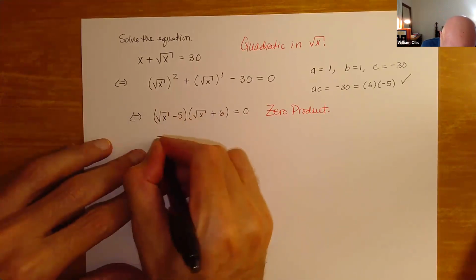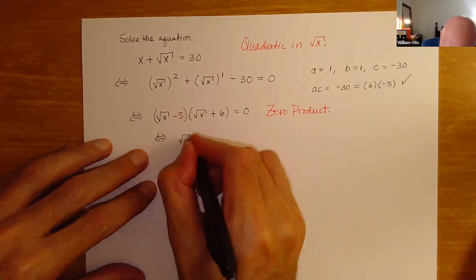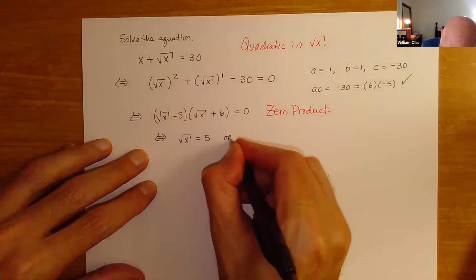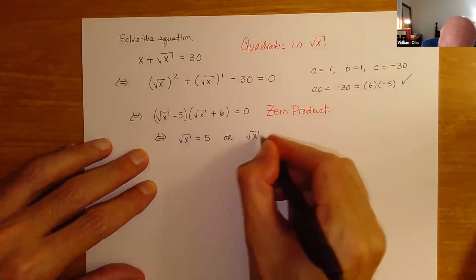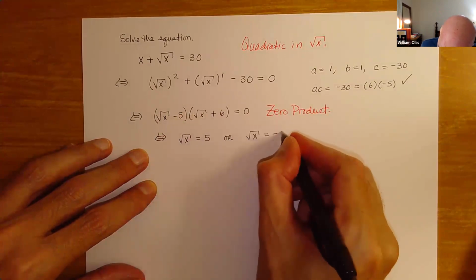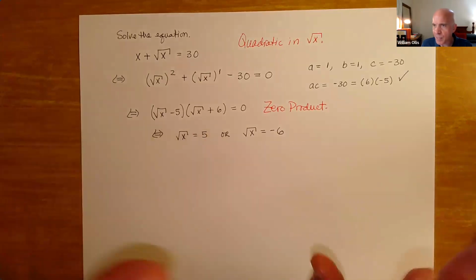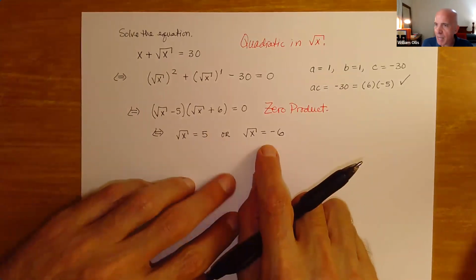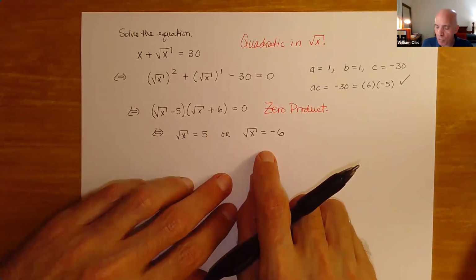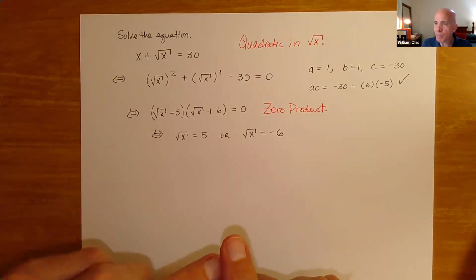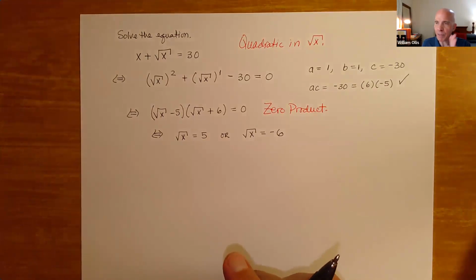So equivalently, we have the square root of x equals 5, which is no problem, or we have the square root of x equals -6. And of course, when you look at this, you think, this isn't going to work. This doesn't even have an imaginary zero, because the way we construct the complex numbers, they look like A plus BI.